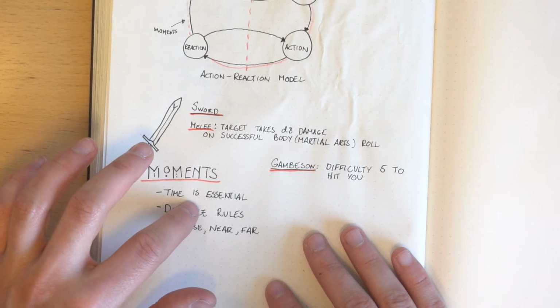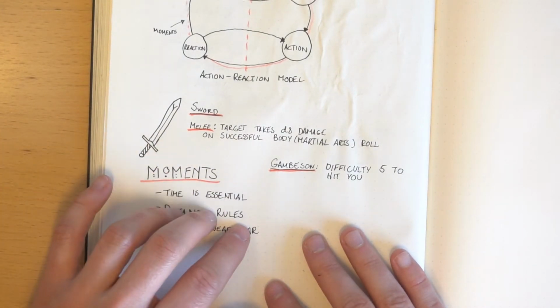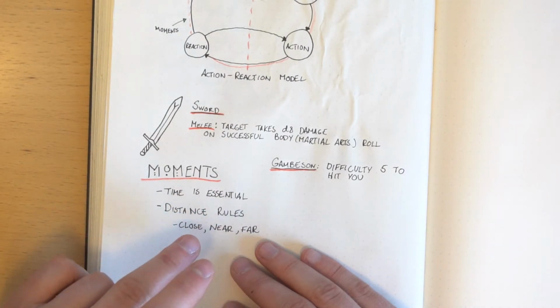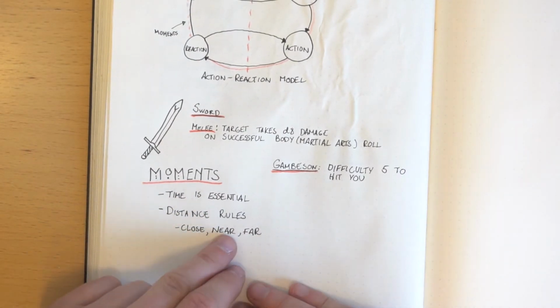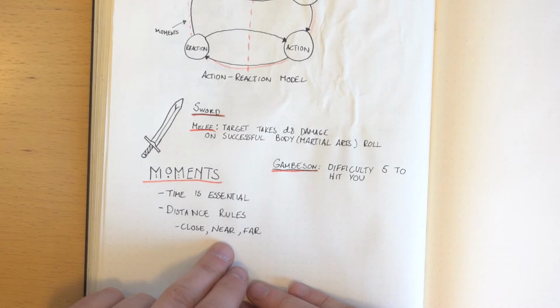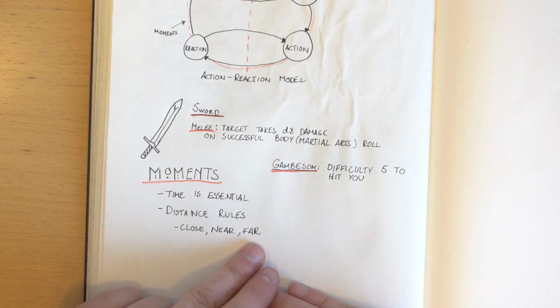And then that also means that distance is important. I want the game to have abstract distances where things are either close, near, or far away, where close is within corona distance, near is in safe corona distance, and far is just further away, right?